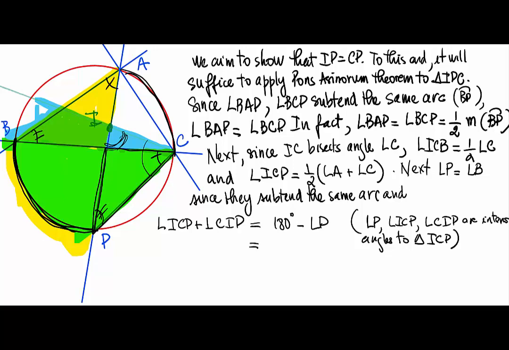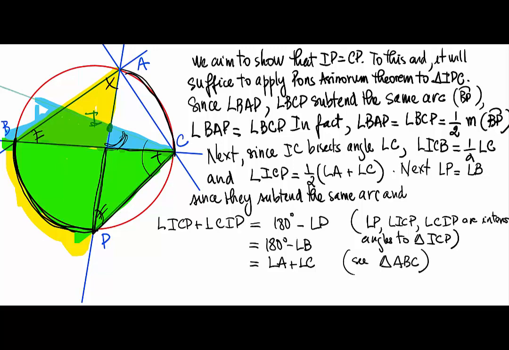And that is equal to 180 degrees minus angle B, which is angle A plus angle C, and this is obtained by looking at the triangle ABC.